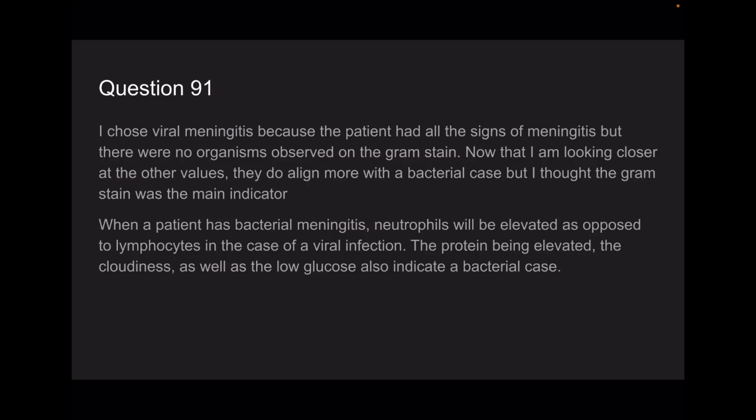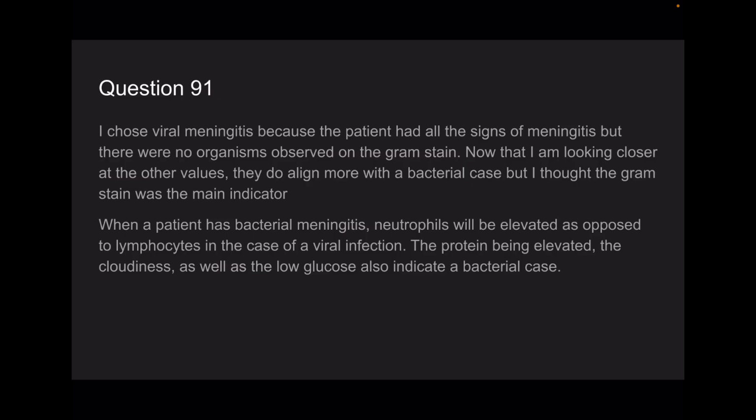Question 91. A 3-year-old girl was brought to the ER with a temperature of 103, lethargy, and cervical rigidity. 3 tubes of cloudy CSF were delivered to the lab. I chose viral meningitis just because the gram stain stated that there were no organisms present.